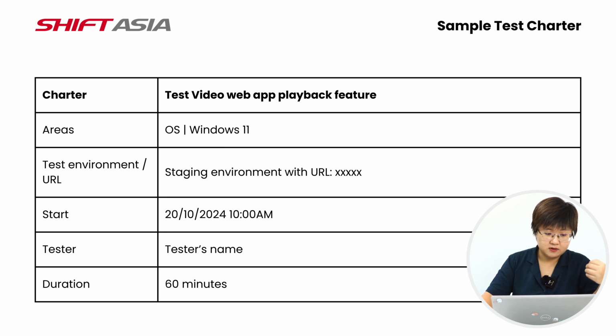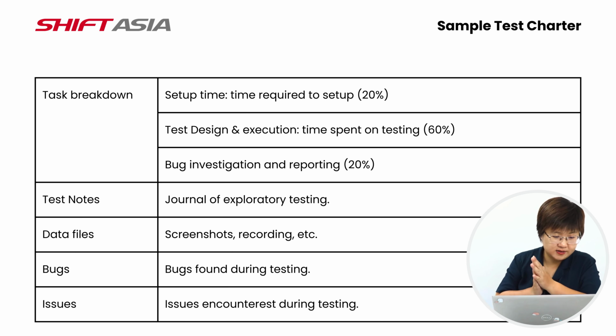Next is the area and environment, the time to start, and for the duration, exploratory testing requires a time box, usually from 60 to 90 minutes, and we'll pick 60 minutes here.